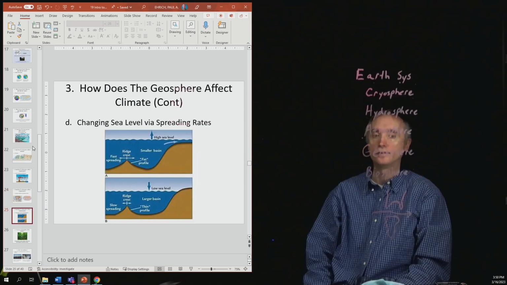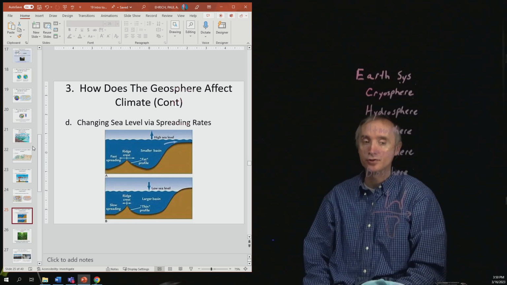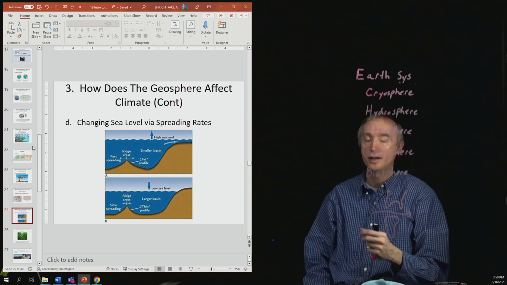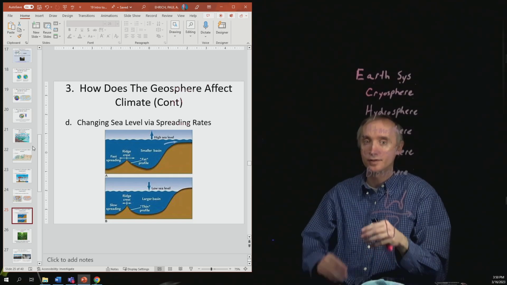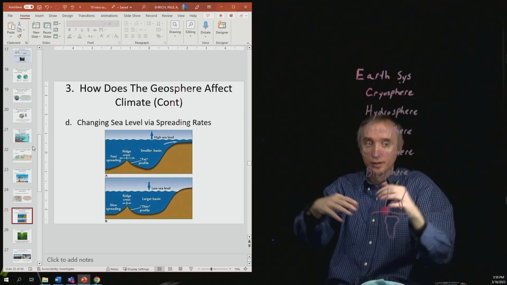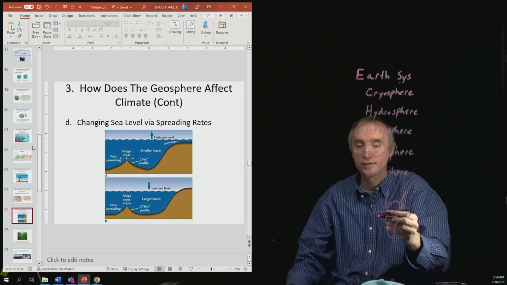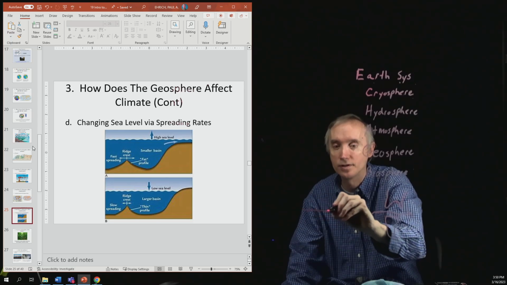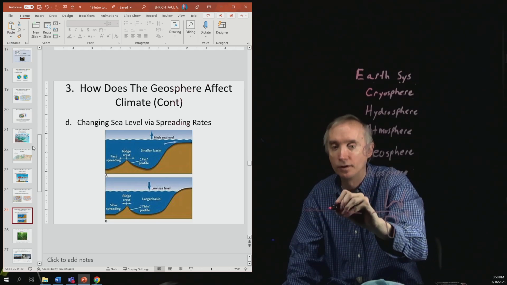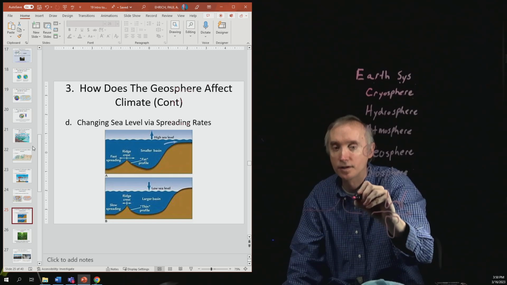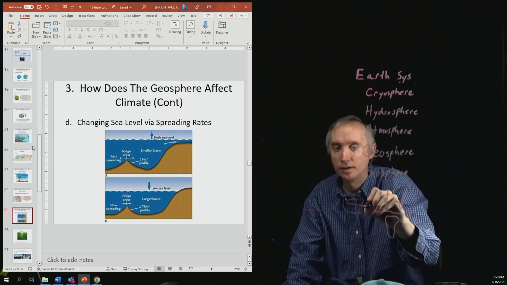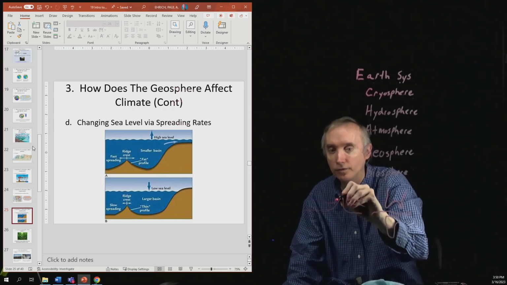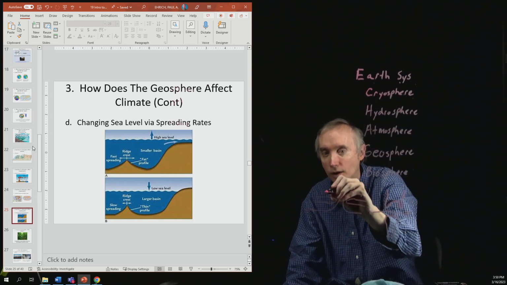Okay, another thing that the land can do is it can change the sea level. If you have an increased rate of sea floor spreading, what happens at a sea floor spreading center is that you've got material in the asthenosphere coming up, and it's going to cause this oceanic plate to move this way, and this oceanic plate over here to move this way.